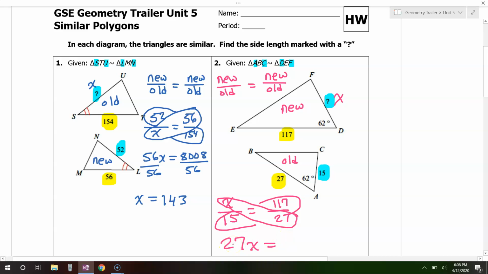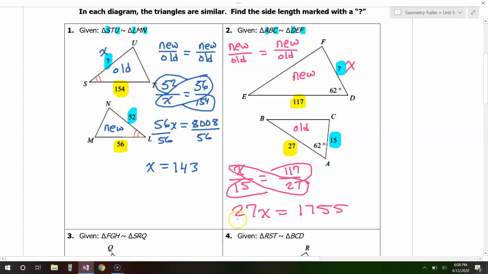I'm just grabbing my calculator here. 15 times 117 turns out to be 1,755. Running out of space. Then we will divide both sides by 27. And that should be it. So divided by 27 is 65. So x is equal to 65.